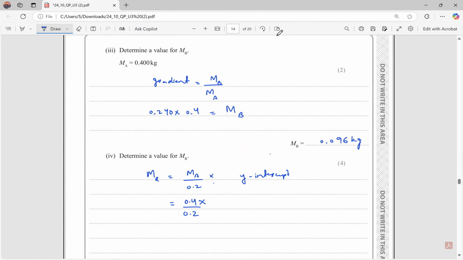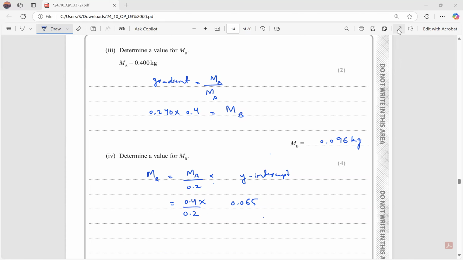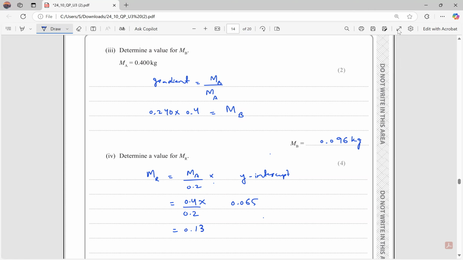And the y-intercept, when we found that from the graph, it was 0.065. So this is 0.13 kilograms.